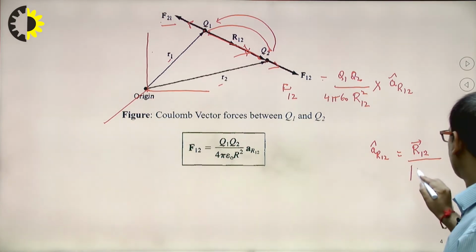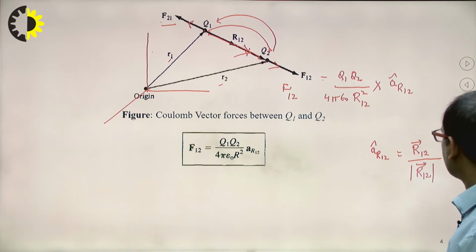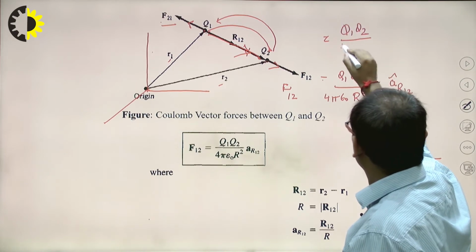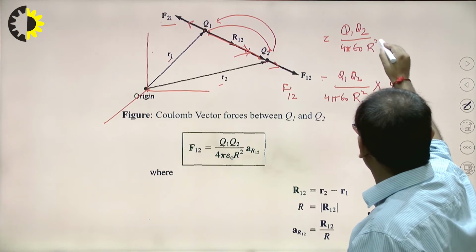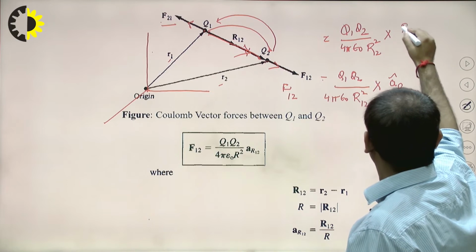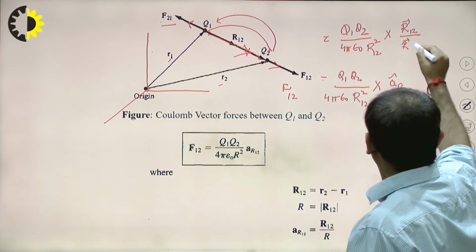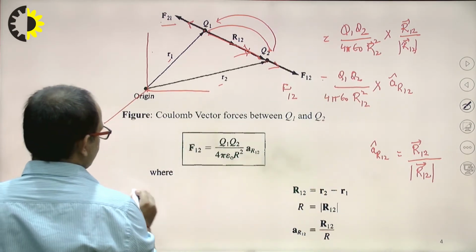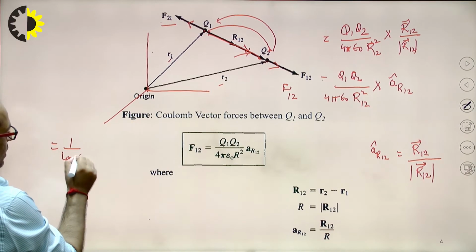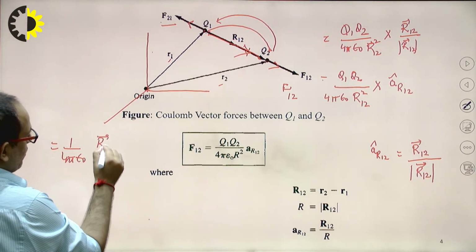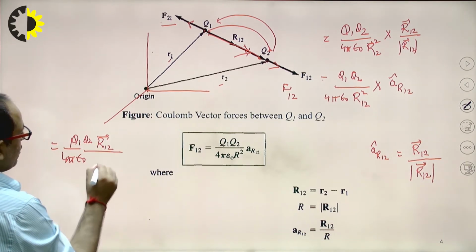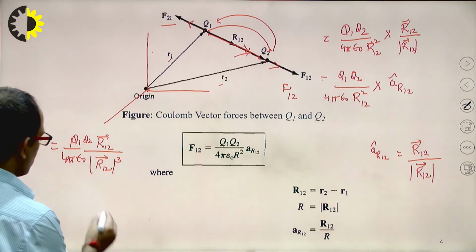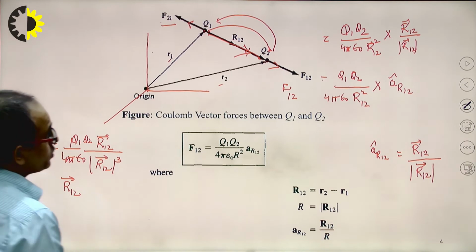Vector divided by its magnitude. Clear? Now just put this value, you will get q1 q2 upon 4 pi epsilon naught r12 multiplied by r cap 12 divided by... So you will see that this will become equal to 1 upon 4 pi epsilon naught multiplied by q1 q2 divided by r12 to the power 3, and this R12 vector is what?